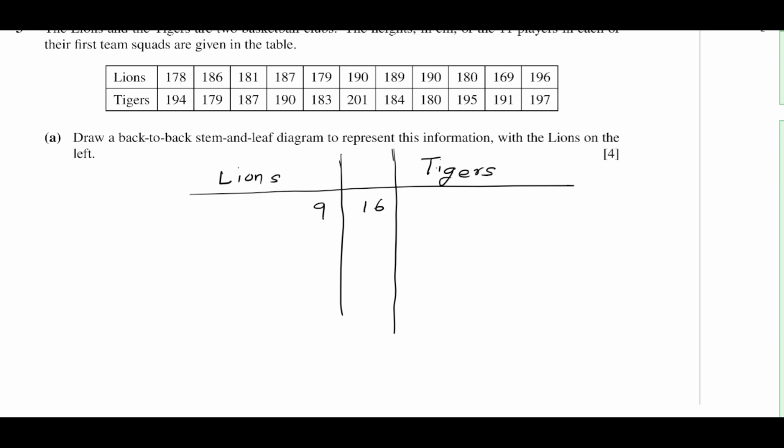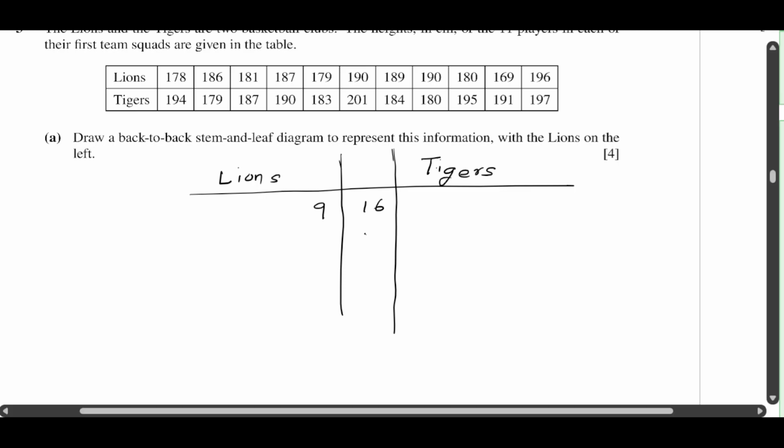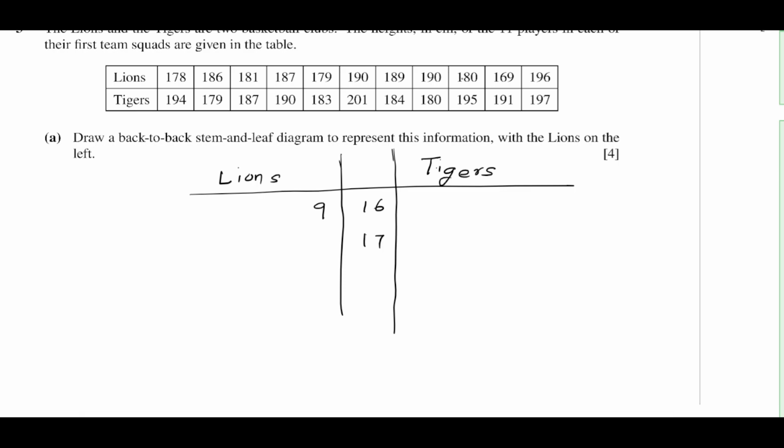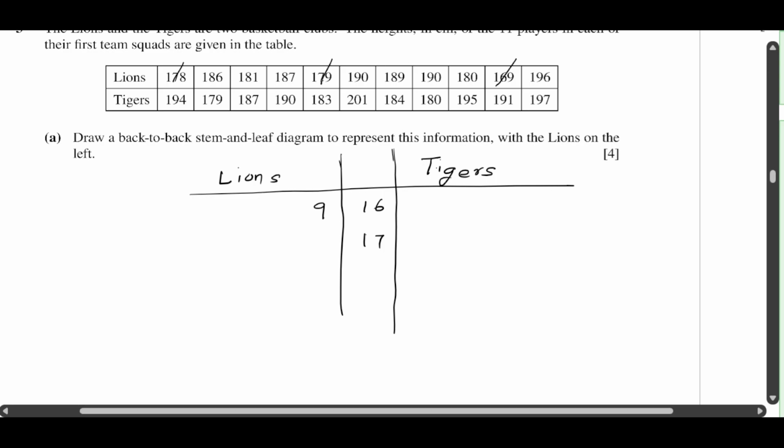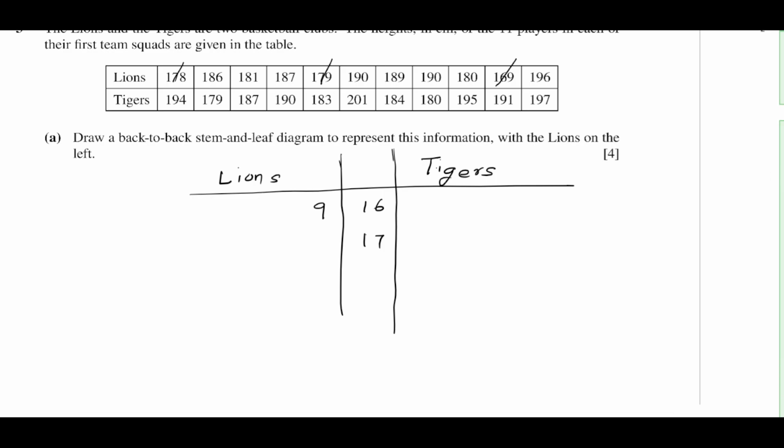So 16 on this side it is 9. For Tigers, there is no one in 16. Then 17. So in 17, 169 I will strike out with the pencil. Then in 17 I have 178, and then I have 179. So 178 and 179, I will write 8 and 9.